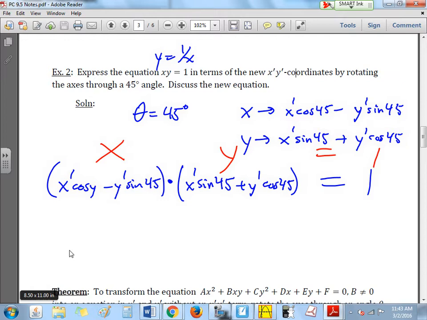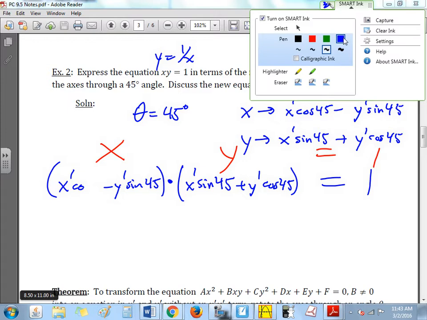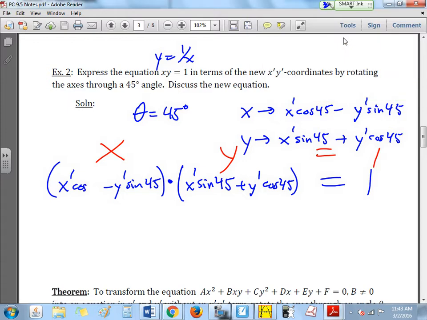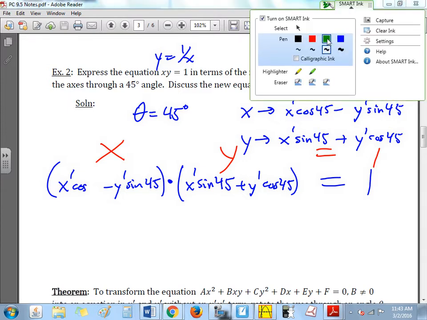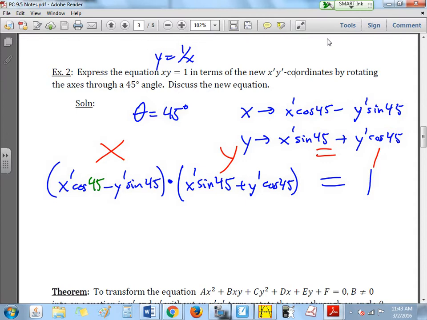Mr. Shore wrote cos y? Mr. Shore meant to write cos 45, obviously. Isn't cosine 45 and sine 45 both root 2 over 2? They're both root 2 over 2, right? Okay, so Mr. Shore is going to pull out a root 2 over 2 here, and he's going to pull out a root 2 over 2 here.